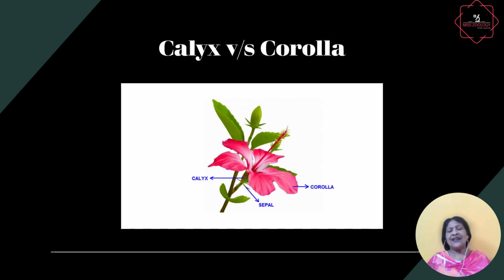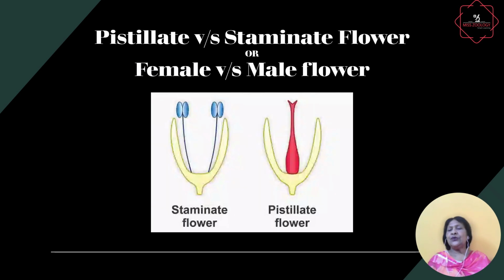Or if you want any other extra points, you can cite examples of calyx and corolla under their sizes. Usually the calyx is not as well developed as the corolla, where the corolla are larger, vibrant and very colorful as well. Let's go to the next point for differentiation.